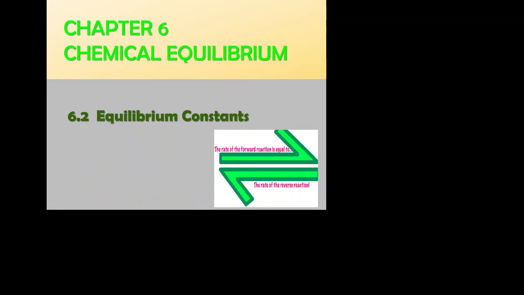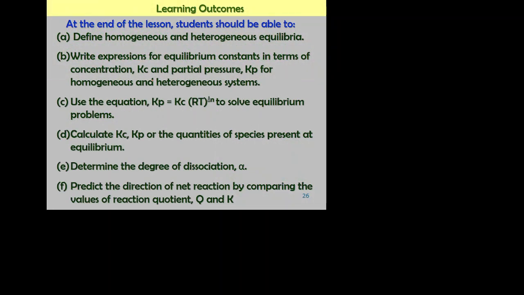Okay, so I think kita sempat masuk on 6.2 of equilibrium constant, and I hope kita sempat buat one ice table. So untuk ice table yang kita akan belajar ni, kita akan belajar on homogeneous and heterogeneous equilibrium.